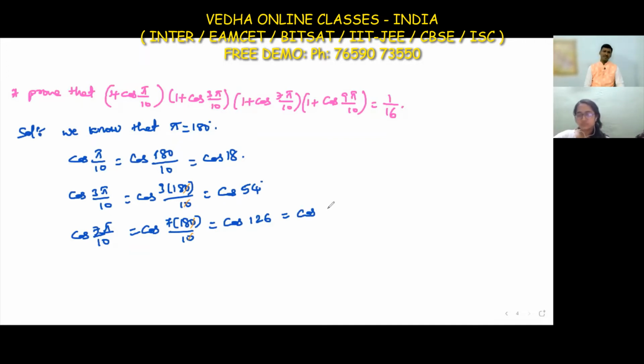Cos of 90 plus how much, or 180? What is easy? 90 plus 36, and if you take 180, it is 180 minus 54.